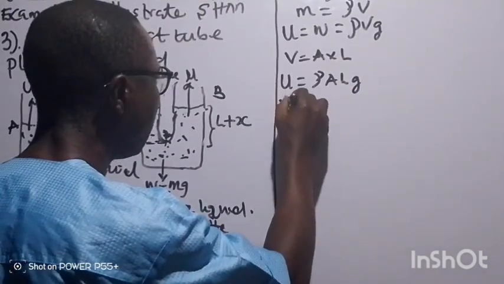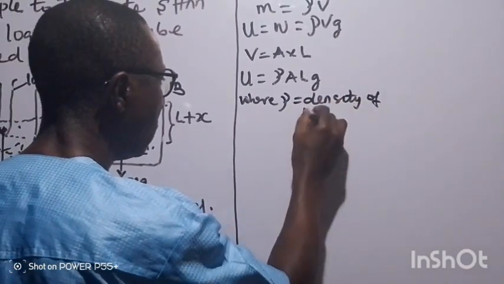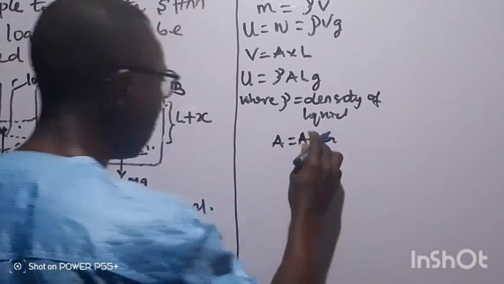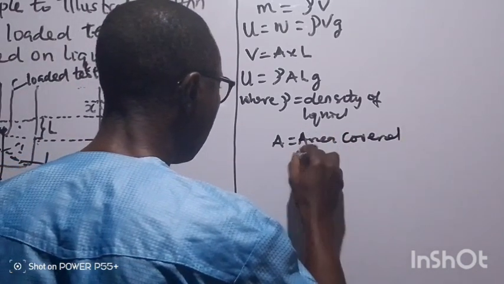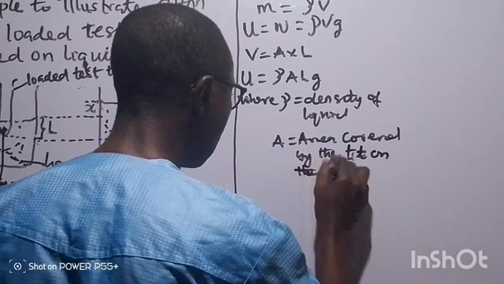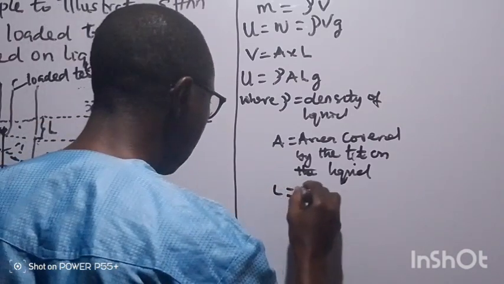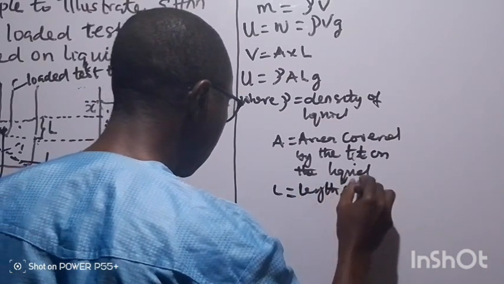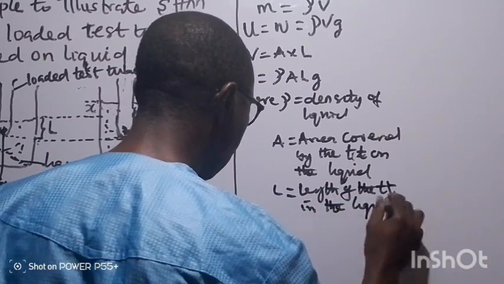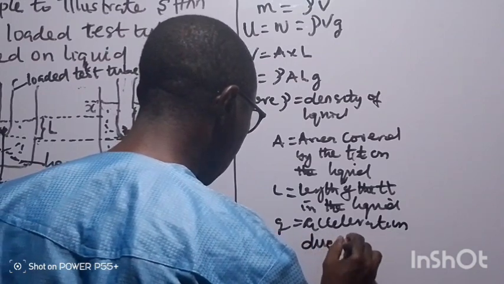As I said, where rho is density of liquid, A is area covered by the test tube on the liquid, L is length of the test tube in the liquid, and g is acceleration due to gravity.